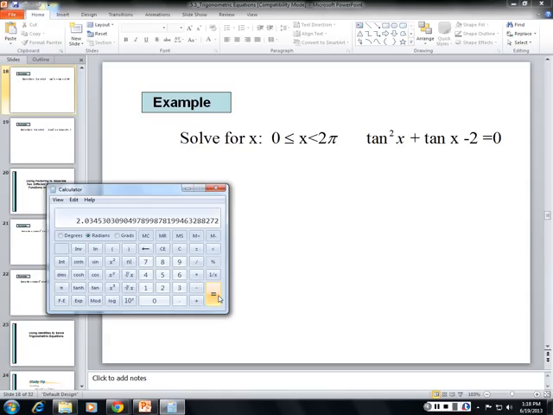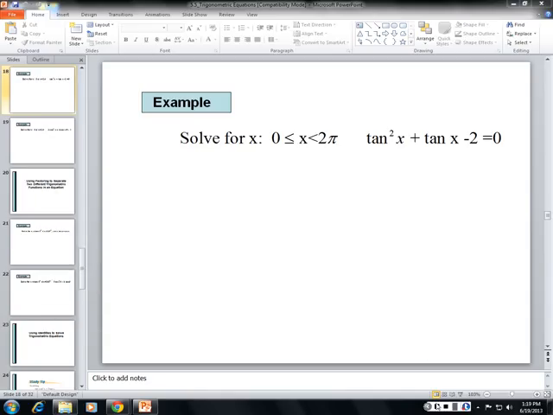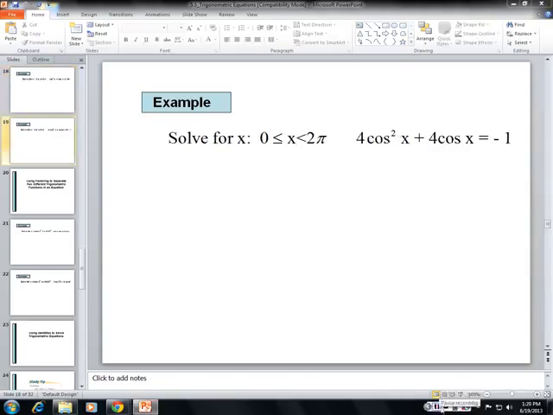Once you are done, check with this one. This is a cos square x function. So again, it is a quadratic function of power 2, and you have your formula. Apply the formula and see, but remember, for each value of cosine x, you will get two angles. So in general, since you will have two values of cos x, for each value we will get two angles, so there will be four angles.